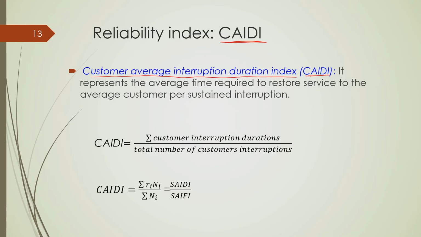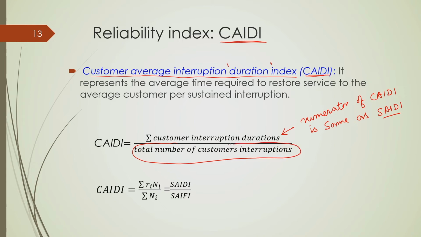It is also a duration index, that is why its numerator is the same as that of SAIDI. But the denominator is different: the denominator of SAIDI was the total number of customers served, but here the denominator of CAIDI is the total number of customer interruptions.